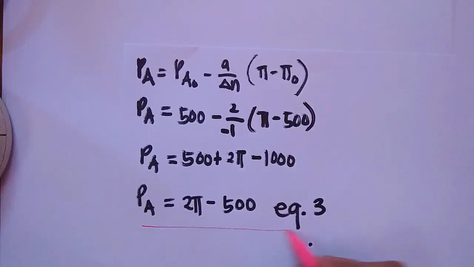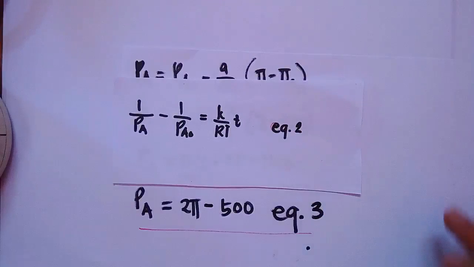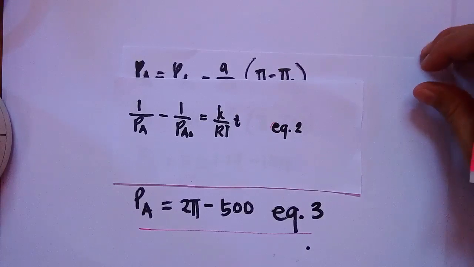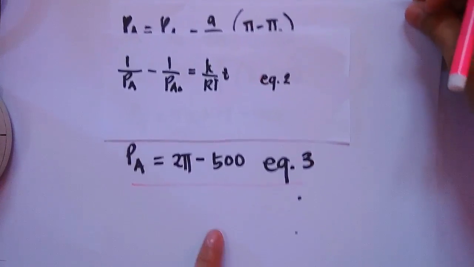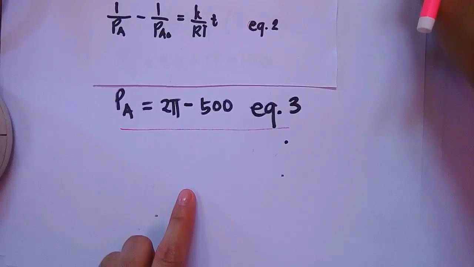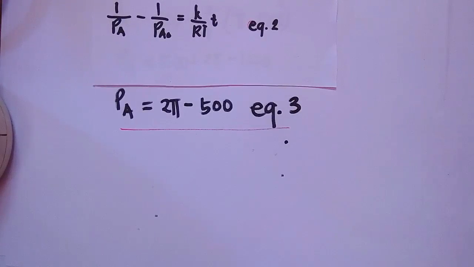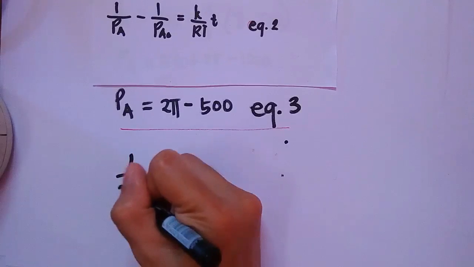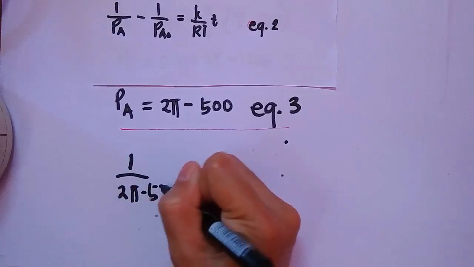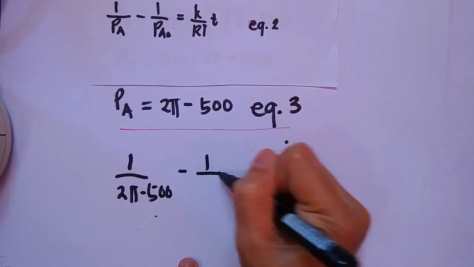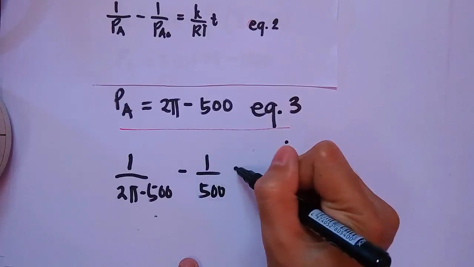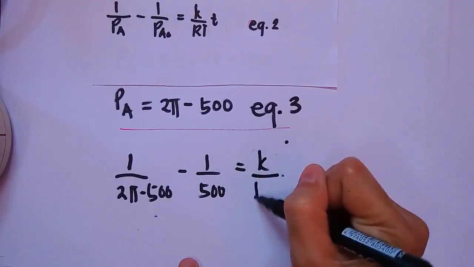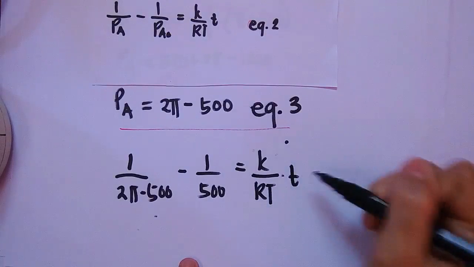Substituting this into our second equation, 1 over PA minus 1 over PA naught equals k over RT times t, we have 1 over 2 pi minus 500 minus 1 over 500 equals k over RT times t.